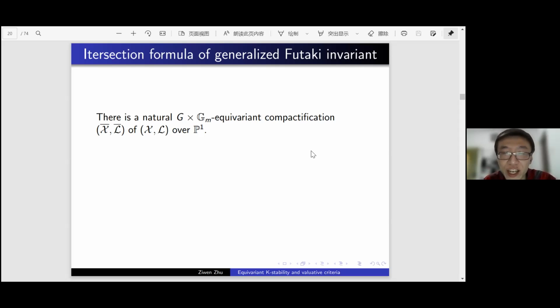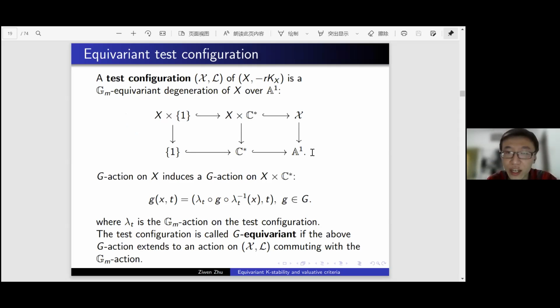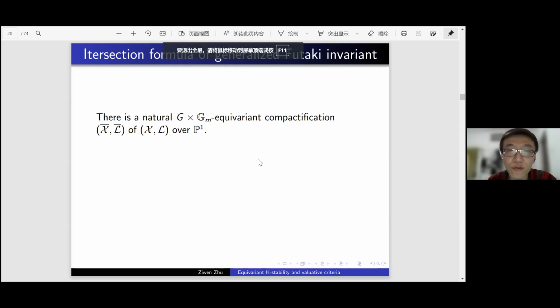This compactification is very natural because outside the central fiber of the test configuration, the family is equivariantly trivial. So if we look at another family over A1, which is trivial, we can glue the two families together over X cross C star, and then we get a family over P1.